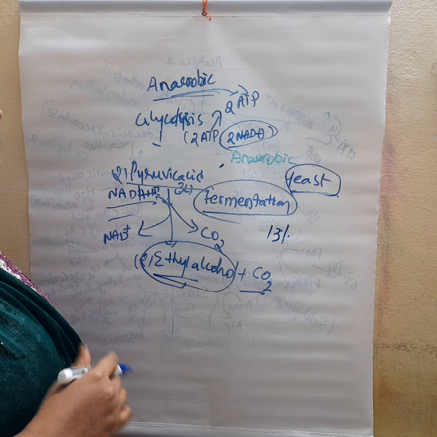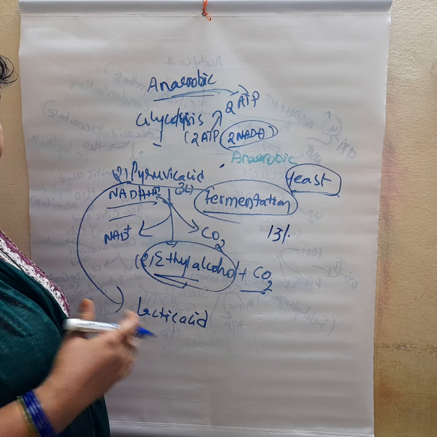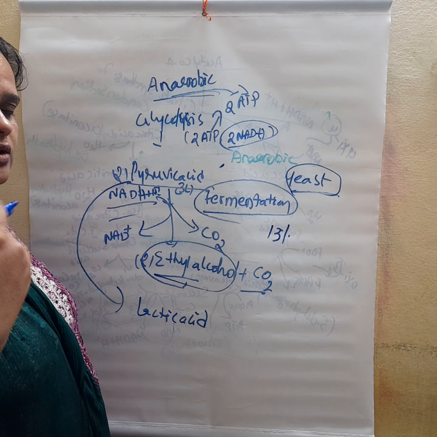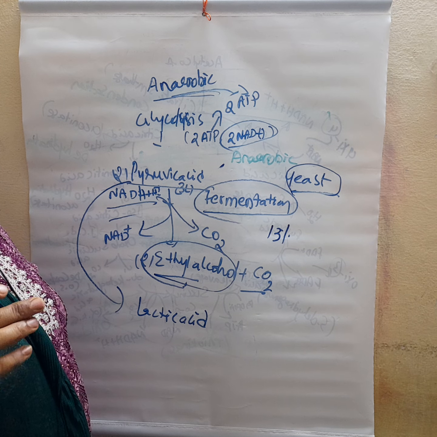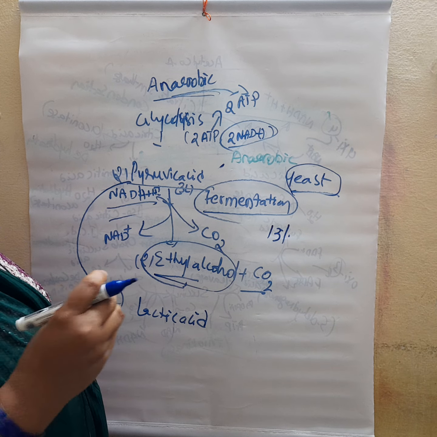Sometimes when you are doing exercises, there is a decrease of oxygen level in muscles. At that time, the pyruvic acid is converted into lactic acid, which is also a 3-carbon compound. So lactic acid generation may take place. Only 2 ATP are generated in that type of cells, where exercises are being done and there is a decrease in the level of oxygen.